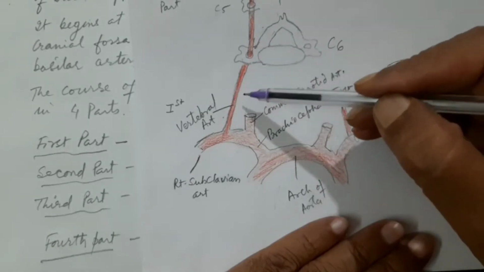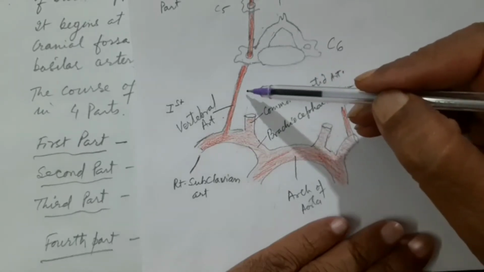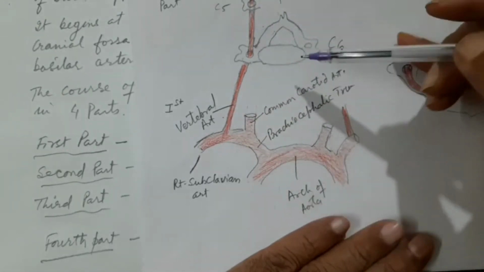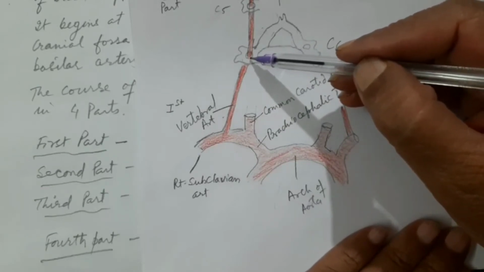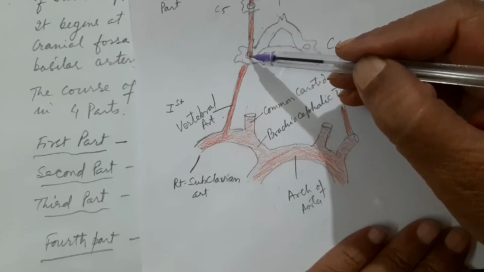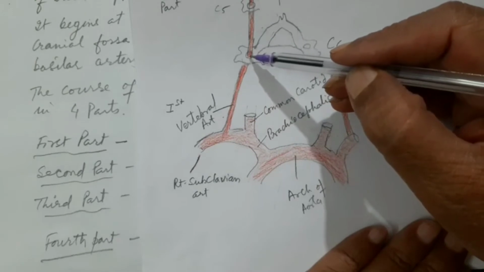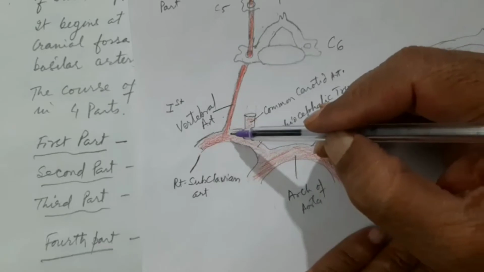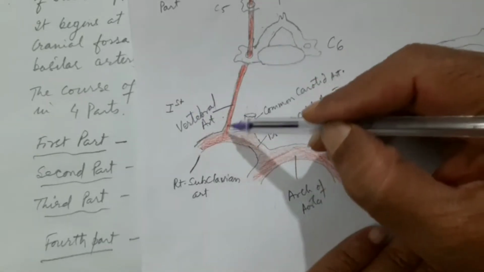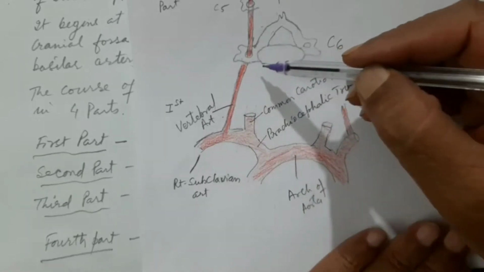This artery will not go through the foramen transversarium of the seventh cervical vertebra, but will pass in front of that, a little away, and then go to the undersurface of this transverse process. It will pass through this foramen transversarium and ascend up. Until it goes through the foramen transversarium of the sixth cervical vertebra, this is the first part of the vertebral artery.